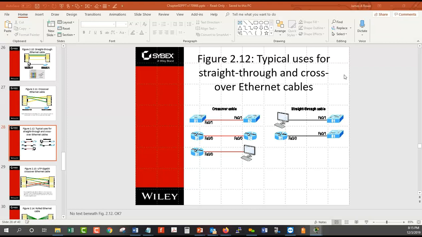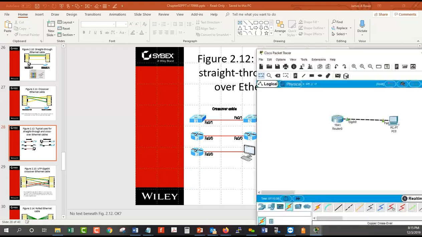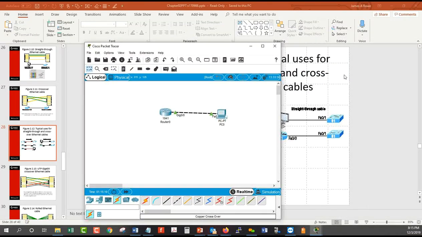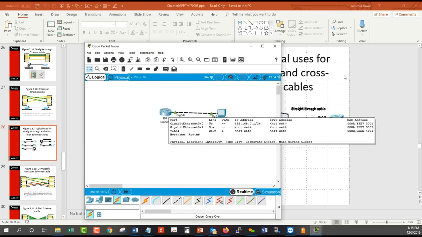Well, we saw that both a crossover cable as well as a straight through cable works, and that's because the newer Cisco devices are auto sensing. They will figure it out. It doesn't matter what kind of cable. That's why for the most part, you don't see crossover cables anymore in data centers. We use all straight through patch cables.